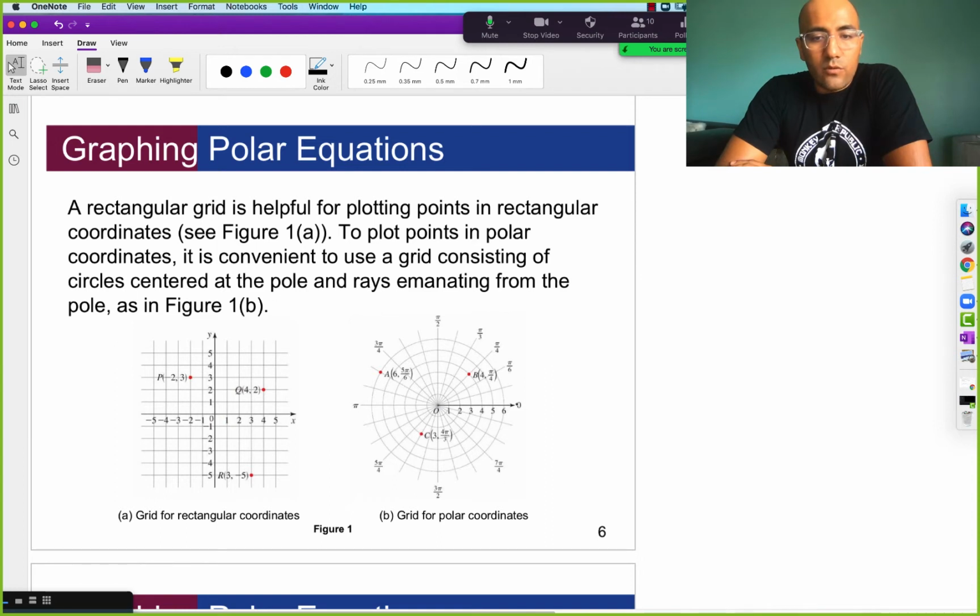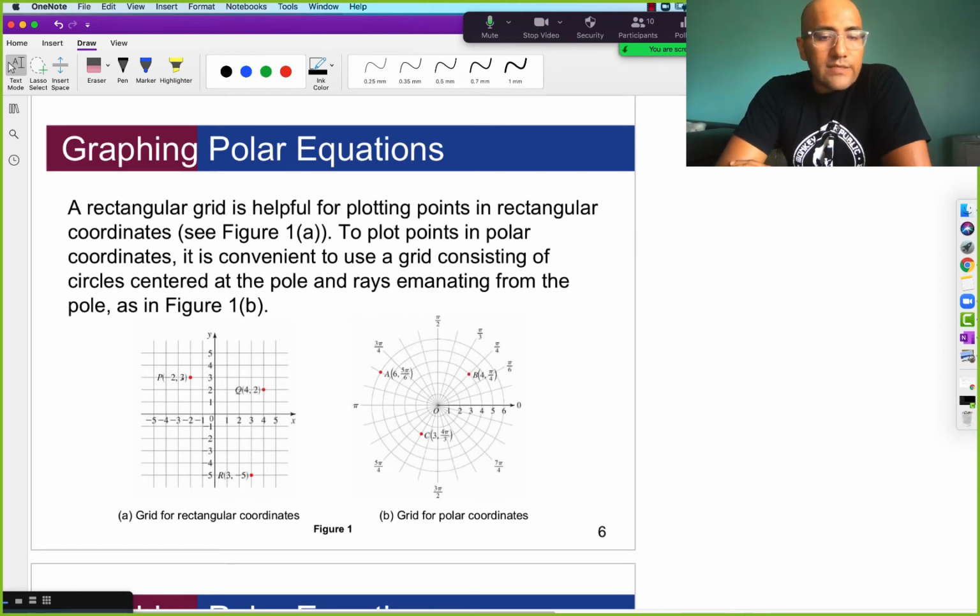If we go from there and create a 45-degree angle, a pi over 4 angle, we create this ray, and then we travel along the ray by 4 units. That's what these little circles are showing you: units traveled along a ray. So that's 1 unit, 2 units, 3 units, 4 units, and that's how we get to that point.